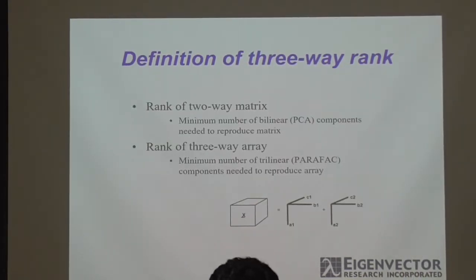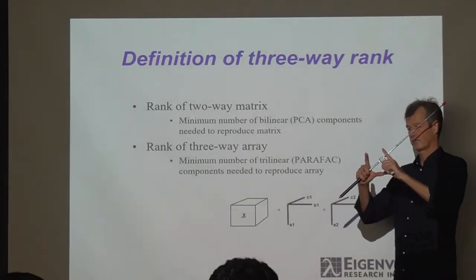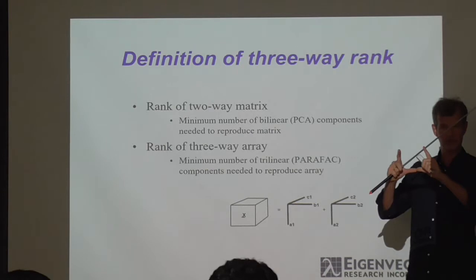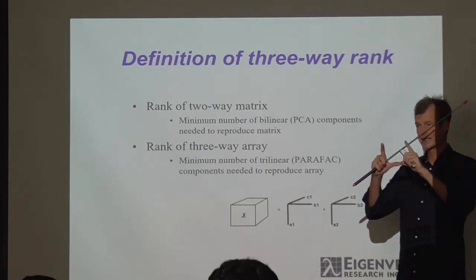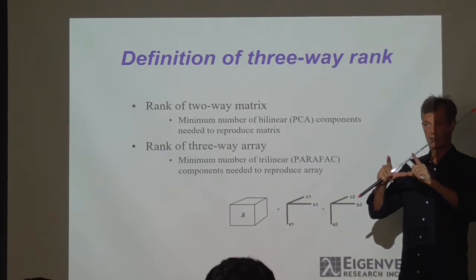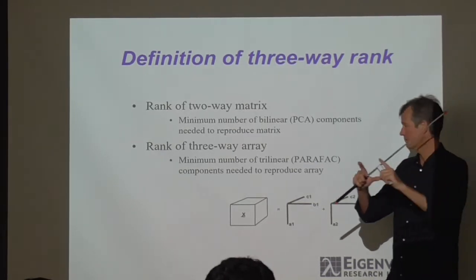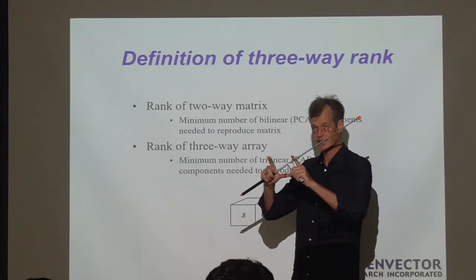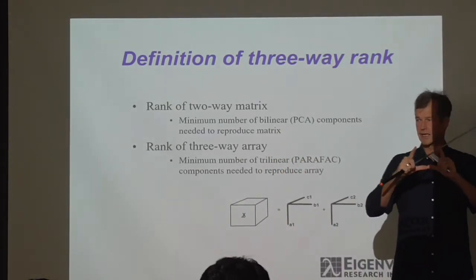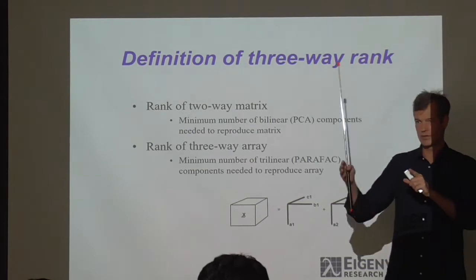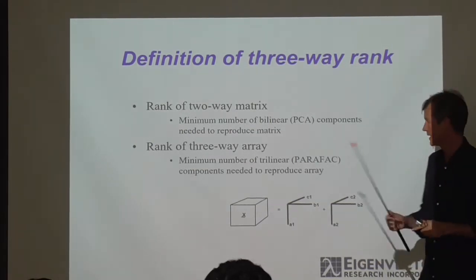Just want to mention something. If you have a matrix, and let's say I can describe it perfectly with 5 PCA components, then that matrix has rank 5. That's the definition of rank. Not the normal one, but it is the definition of rank. If I can describe a matrix with 5 PCA components perfectly, not with residuals, but perfectly, then it's rank 5.